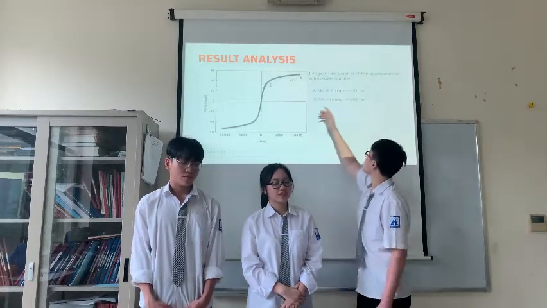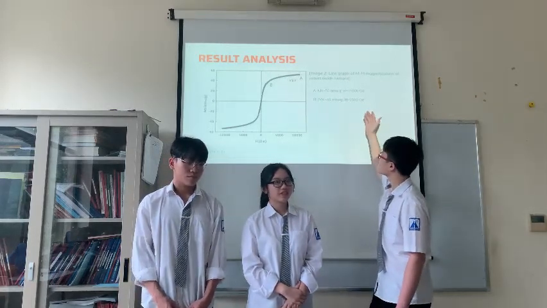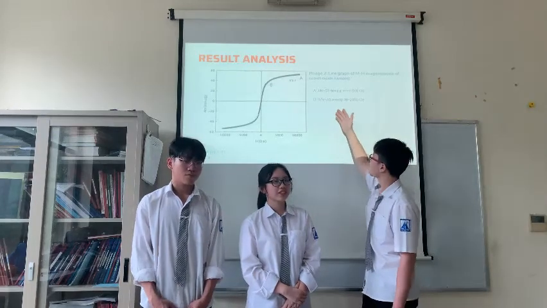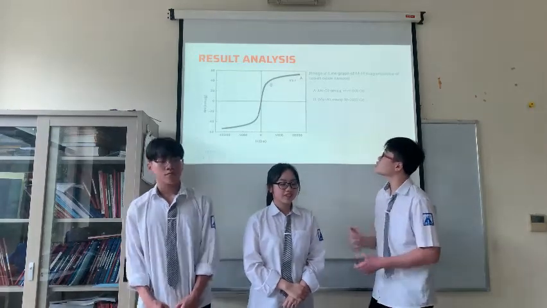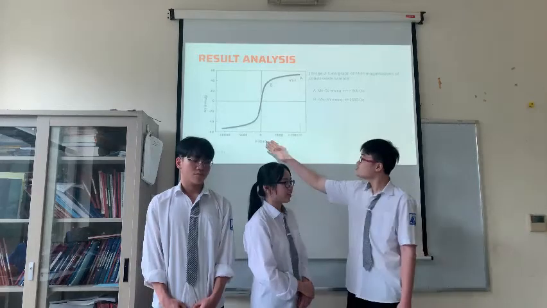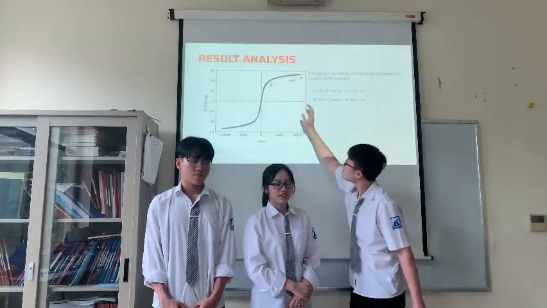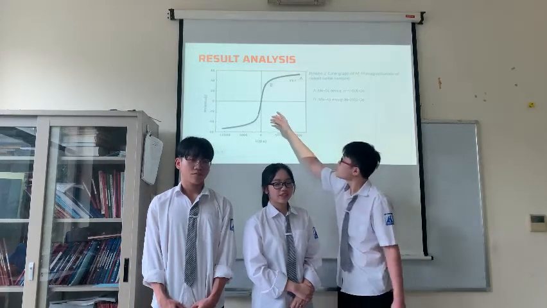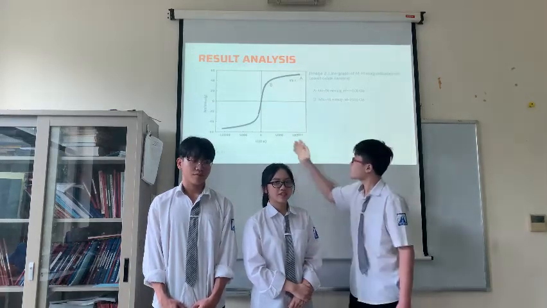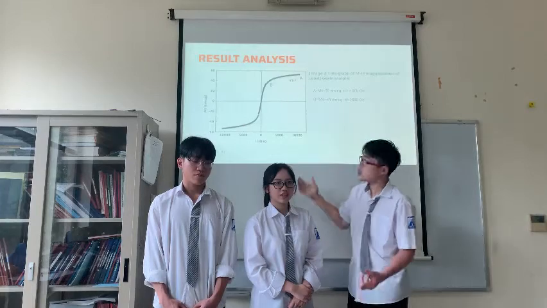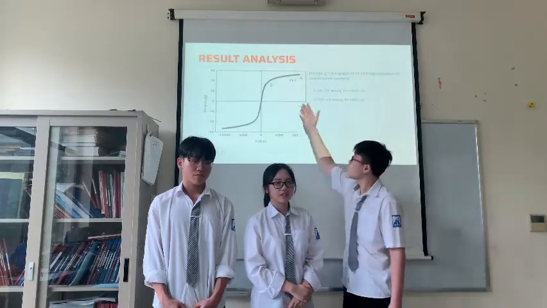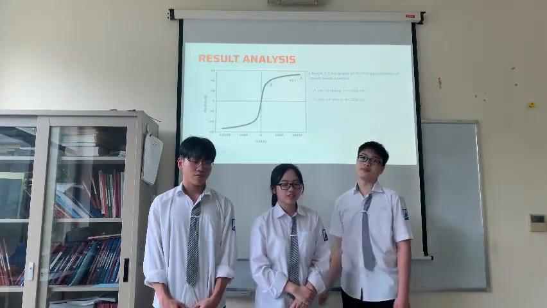Point B, at the magnitude of 2500 Oersted, the magnetization is 40 emu per gram. So you can see from 0 to 2500 Oersted, the magnetization escalates from 0 to 40. But from 40, it takes a lot more magnetic force for the magnetization to increase.